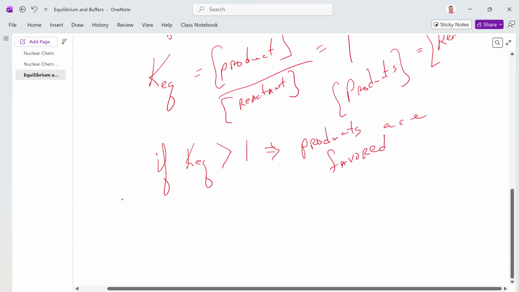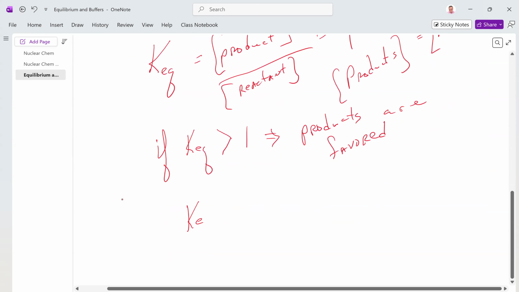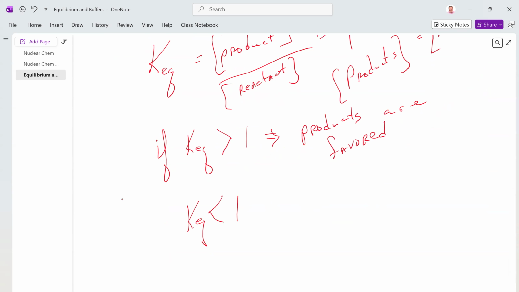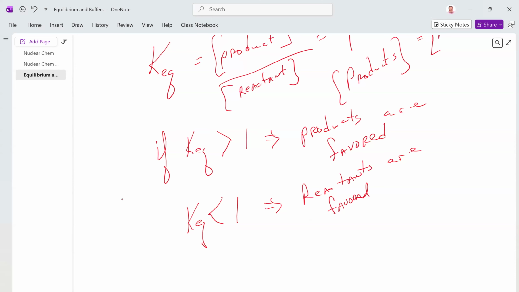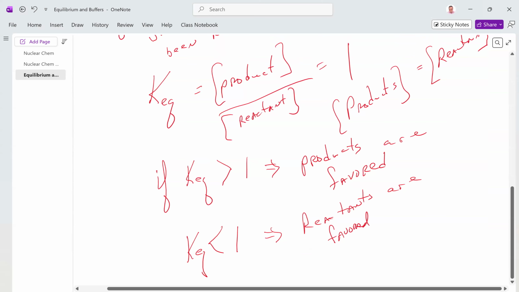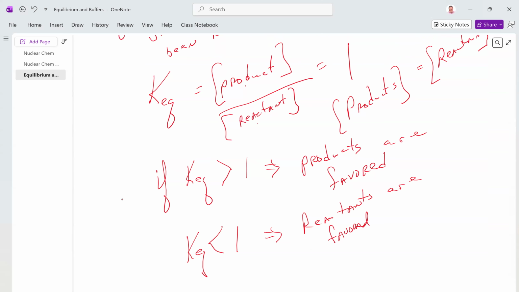And conversely, if KEQ is less than 1, reactants are favored. Okay, so if it's greater than 1, that means we have more products than reactants. If it's less than 1, we have more reactants than products.